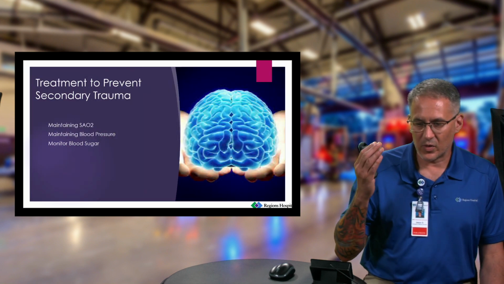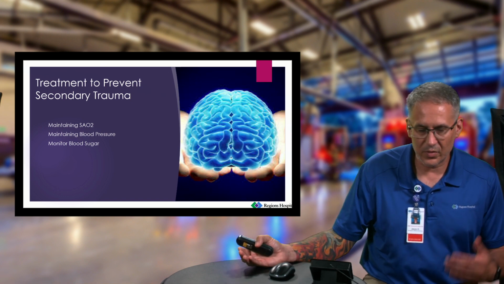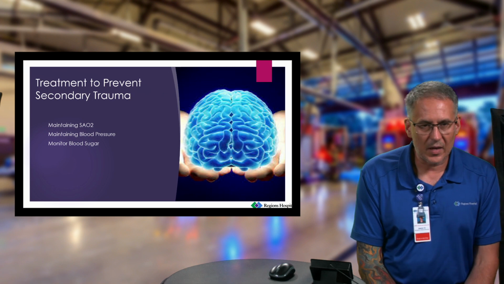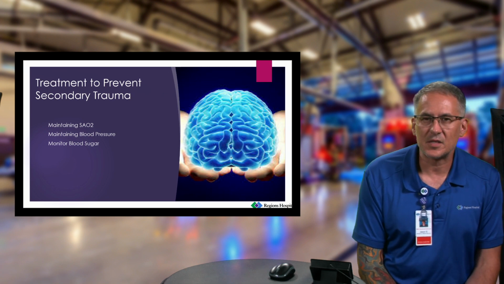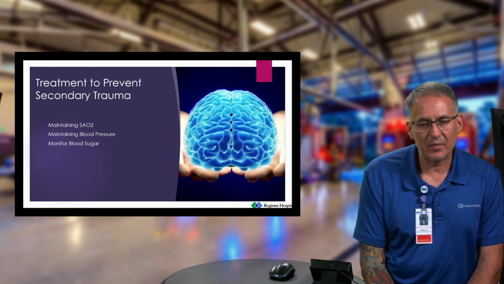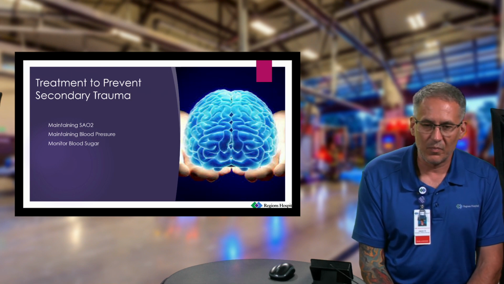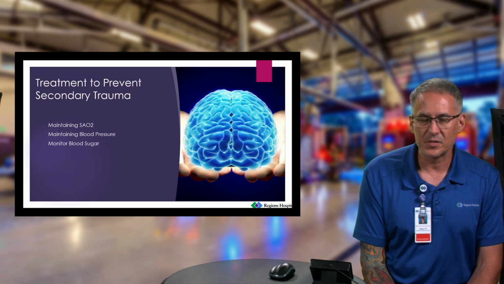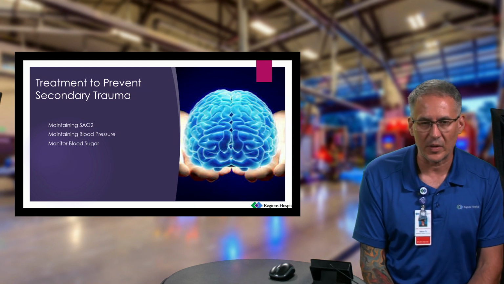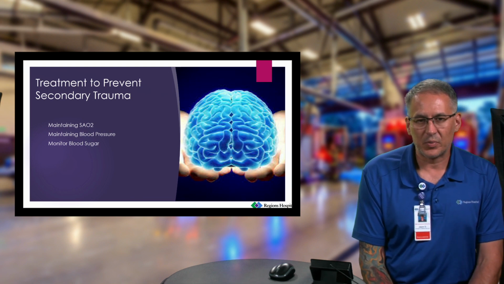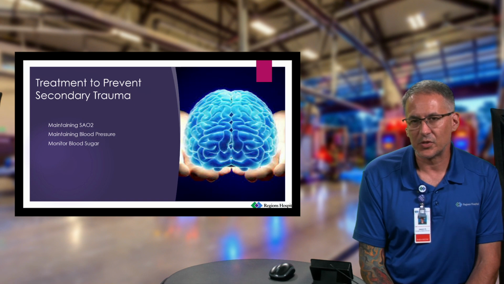So regardless of whether we get the subdural or the epidural, that initial injury, the primary injury, we can't do anything about, but it's about preventing that secondary injury. And the treatment and best results of TBIs has been pretty well known for about 20 years, actually a little over 20 years. And it's maintaining oxygenation, maintaining blood pressure, and maintaining blood sugar.